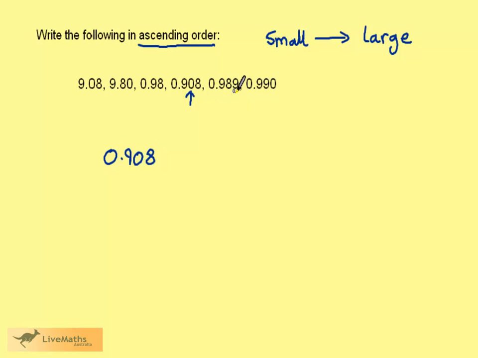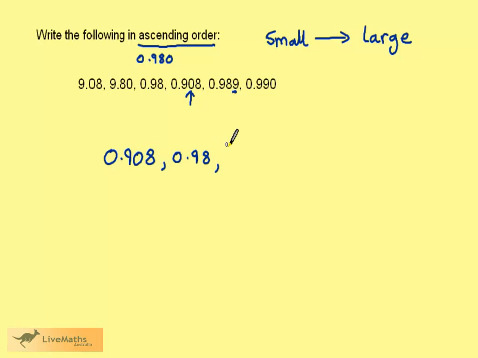However, this one here has a 9 in the thousandths column, and this one here has a 0 in the thousandths column, which we wouldn't normally write down. 0 being less than 9 means that 0.98 comes next.